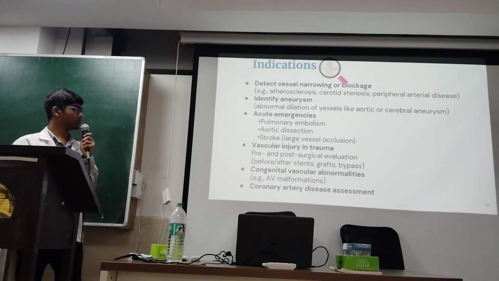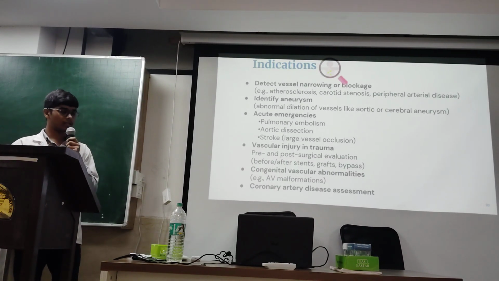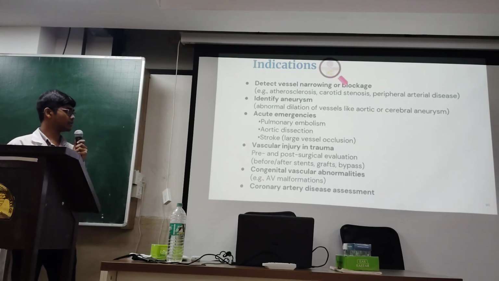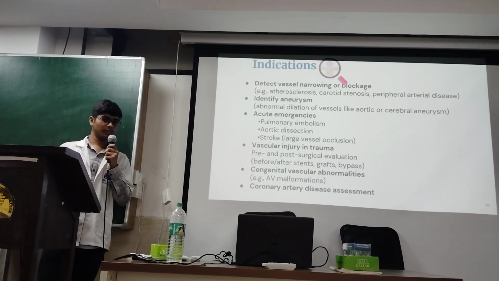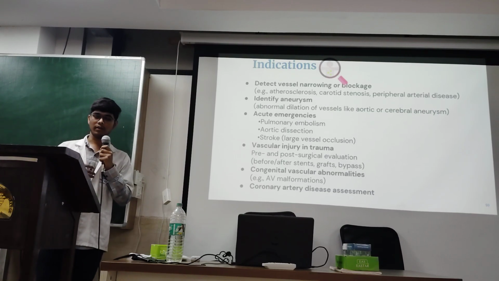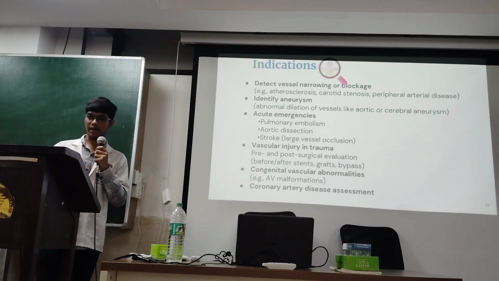Indications of CT angiography. It is used to detect vessel narrowing, blockage, identify aneurysm, and acute emergencies like pulmonary embolism, aortic dissection or stroke. Pulmonary embolism means the arteries of the lungs get blocked or damaged.